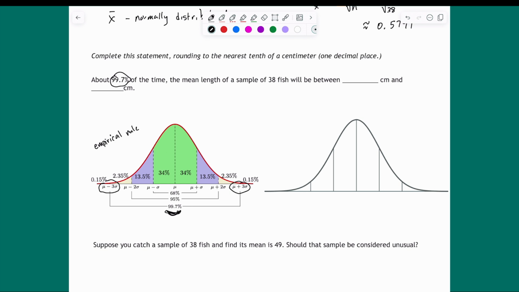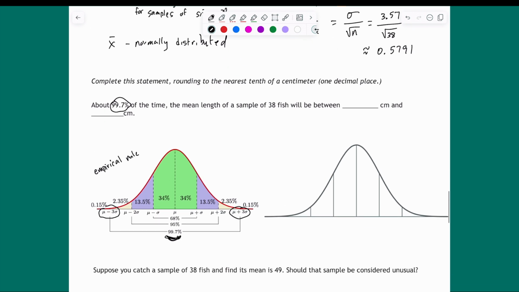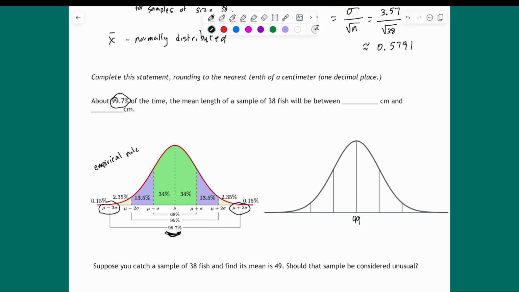We know the mean is 49 centimeters, right under the peak. Then I'm going to go up by 3 standard deviations and down by 3. I'm going to use my 0.5791. It's probably better to take more decimal places, but just for emphasis, if I add 1 standard deviation to the mean using 0.5791, I get 49.5791.